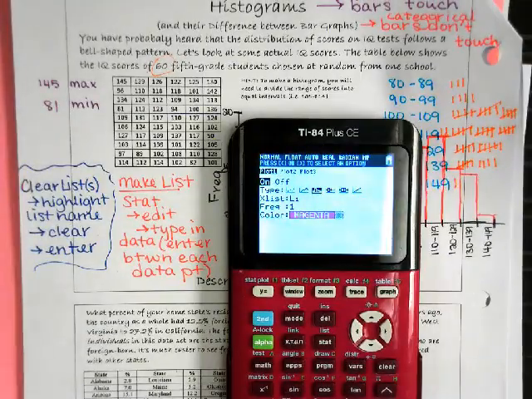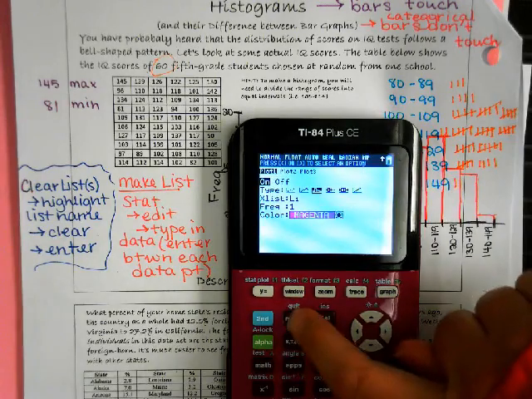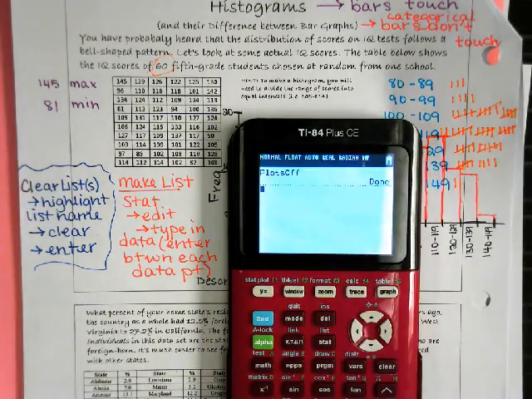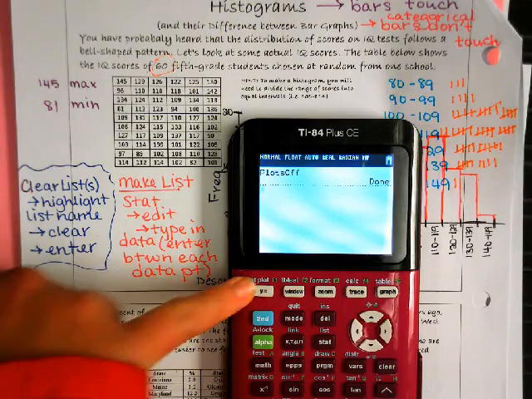All right. Then I want you to hit second quit. So second mode, sorry. One thing I forgot to have you check first. Just hit the Y equals for me. It has to be empty. If it has equations in there, the calculator is going to get mad and it won't make the histogram for us.